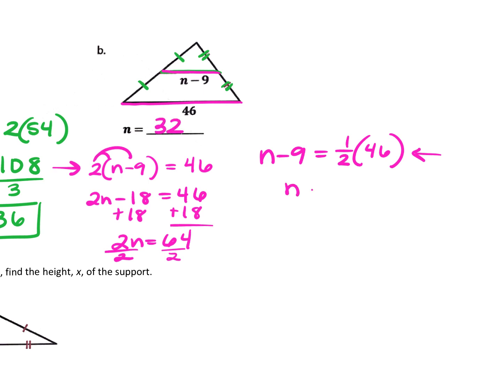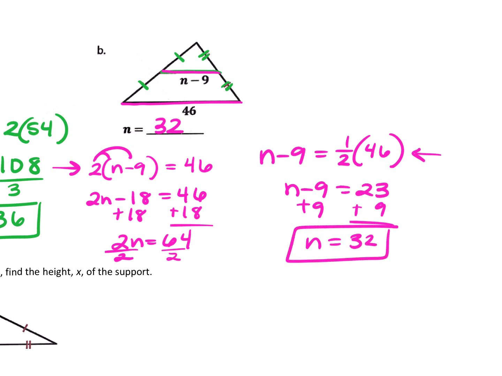If you do it this way, n minus 9 equals 23, and then add 9, n equals 32. So notice you will get the same answer either way. So it's up to you which one you like better. Just don't do both, okay? Don't cut the one in half and double the other because that won't make sense.